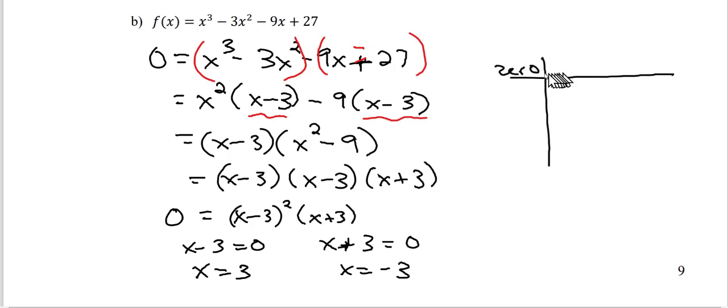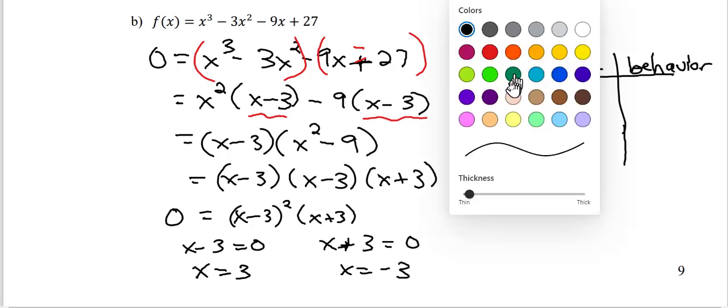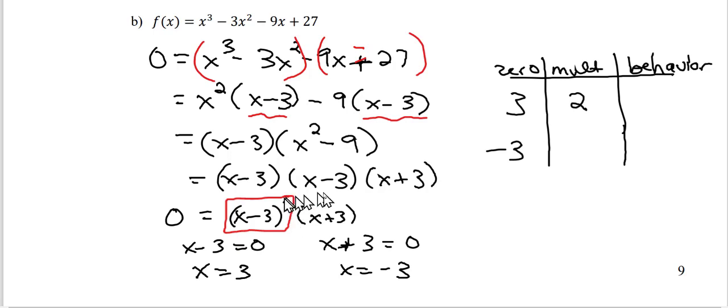Organize here, 0, let's do the multiplicity and then the behavior because that's what it's asking for. We found 3 and negative 3 as a 0. X equals 3 has multiplicity 2 because it came from this, and that has exponent of 2 on it.